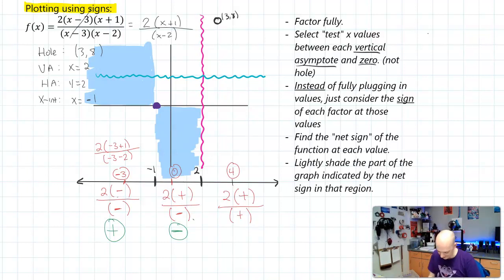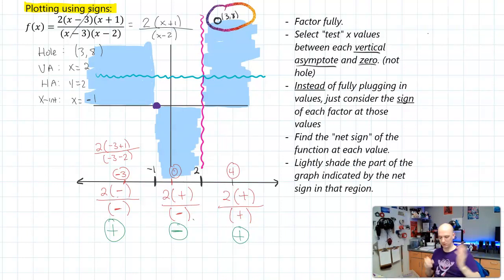The net sign is positive, which means the graph will go back to being above the x-axis here. I also have some further evidence, which is that I have a hole up here, and that will help. So in this case, the hole is also going to be a valuable piece of information. Okay, so with this idea of the sign of the graph, now we can plot it.